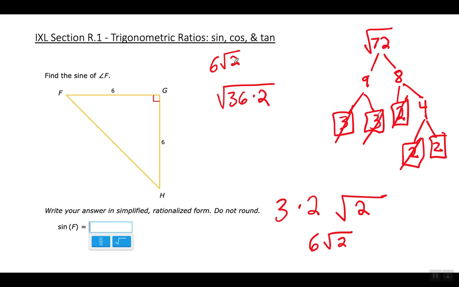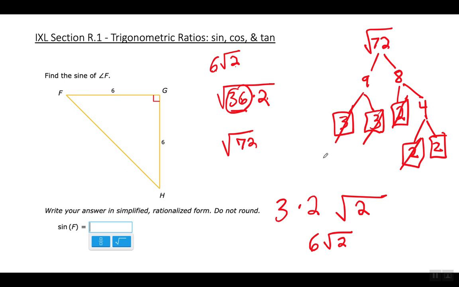I'm undoing what I did when I took it out. So if you put it back underneath the radical sign, I get 36 times 2, which leads me back to this. You're going to notice that situation, and that'll help you realize what would have been the quickest way to get my answer. If I would have done 36 times 2 or 2 times 36, that would have been the quickest way, because then I could have just said the square root of 36 is 6, and this 2 will stay by itself underneath the radical sign.